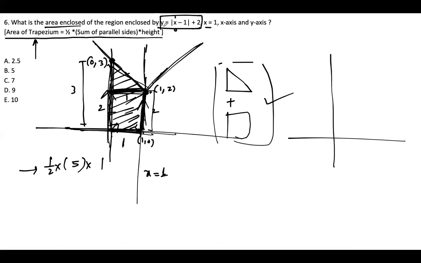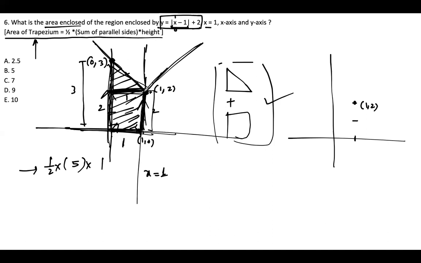Correct. So if you want the minimum value, you need to have the minimum value here. And when will that minimum value come? When x is equal to 1. So when x is equal to 1, y is equal to 2. 1, comma 2. I just didn't understand how you got this 1, comma 0 at the bottom.